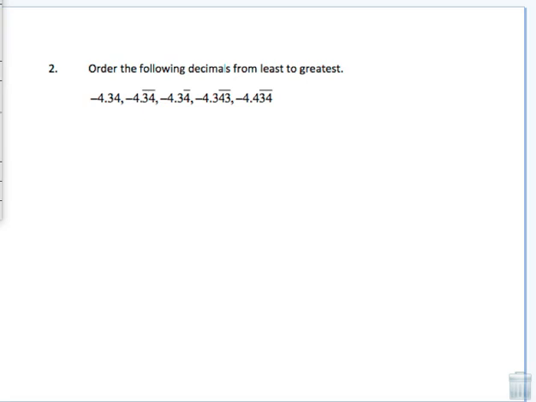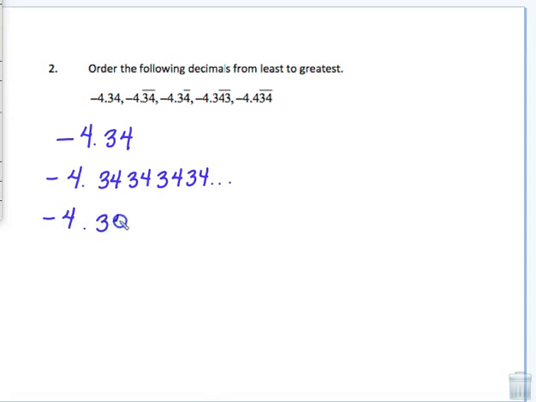So my first one is -4 and 34 hundredths. Then I have -4 and 34 hundredths repeating. So I'm just going to write that a few times to help me out. Then I have -4 and 34 with the 4 repeating.